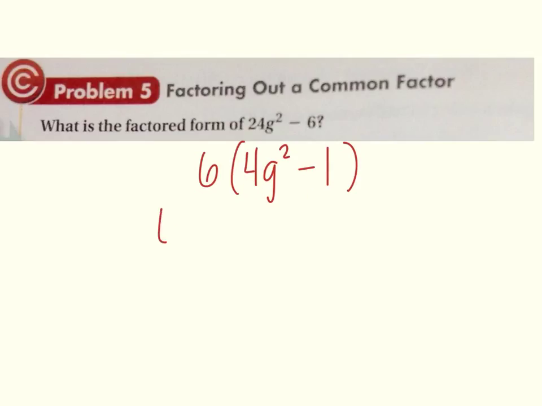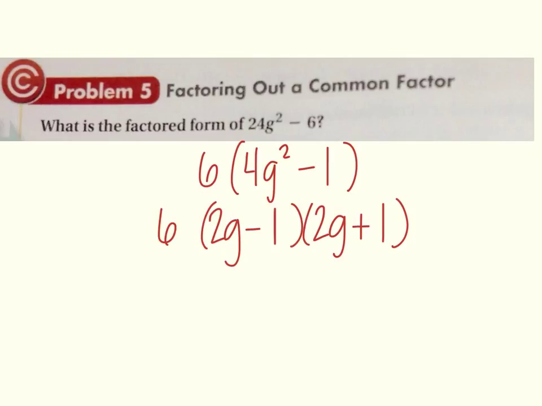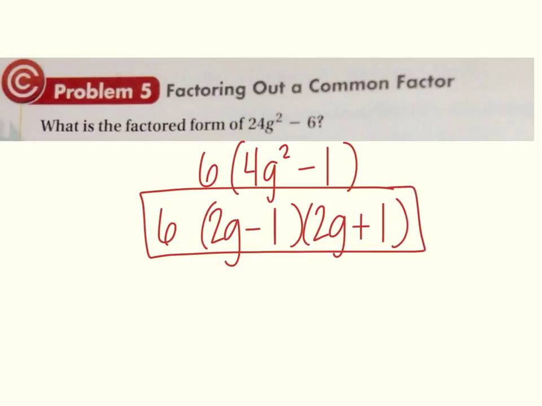So you're going to leave the 6 out front, and you're going to factor it just like we've been doing in this whole video. Square root of the front minus the square root of the back, square root of the front plus the square root of the back. Okay? And of course you can always FOIL it back out and multiply it back out and see if you get your question. But I'll tell you right now that this one does.